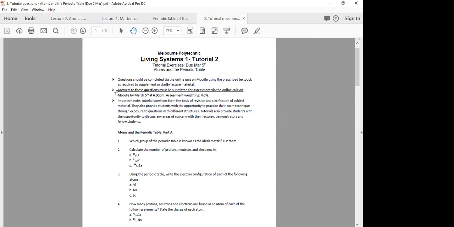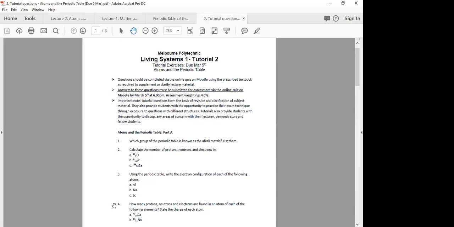Yes, they are, due by next Monday at 6 p.m. Remember, the quiz will close at that time. Assessment weighting is 4%, so make sure that you get these in. Relatively easy 4% for you.